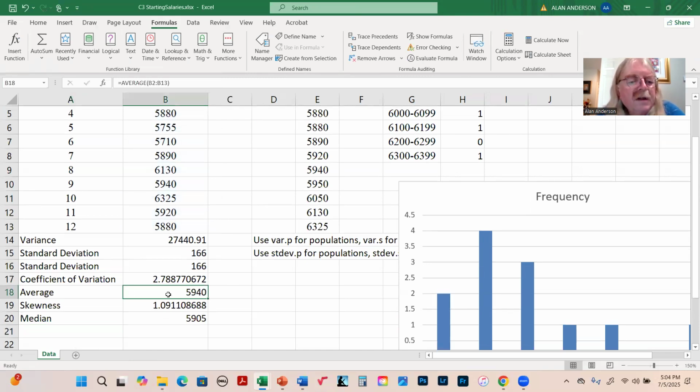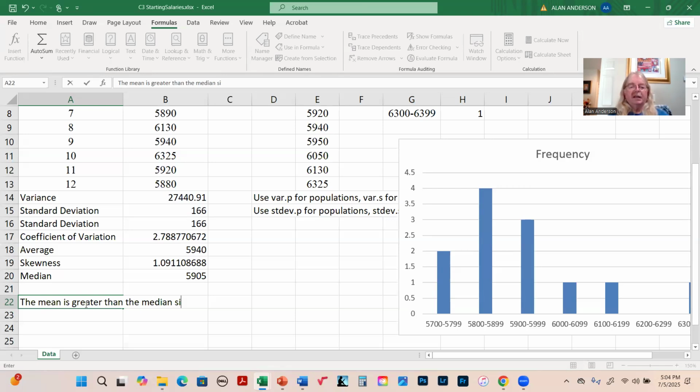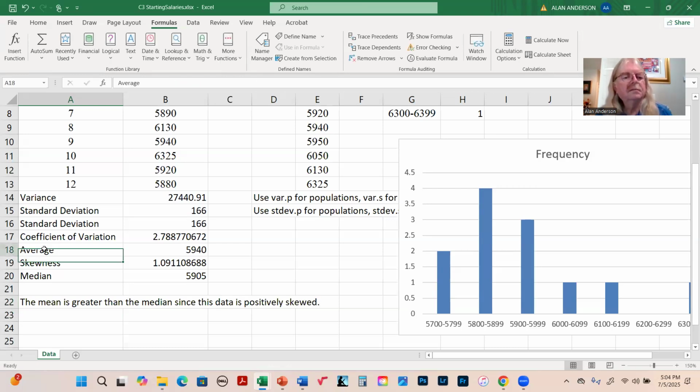So the mean is 5940, and that is greater than the median. The mean is greater than the median since this data is positively skewed.